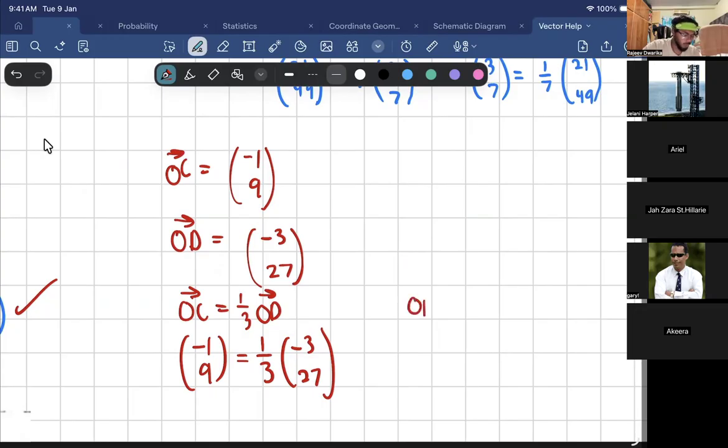Okay, so if we start off with OD, OD would equal to how much times OC? Talk to me. So we know OD is minus 3, 27, and we know that OC is minus 1, 9. So what would I need to multiply OC by to get back OD?